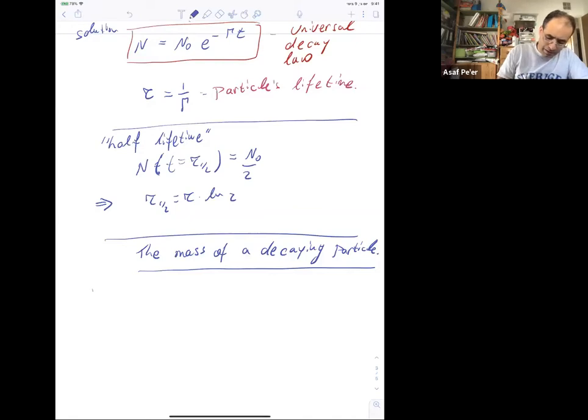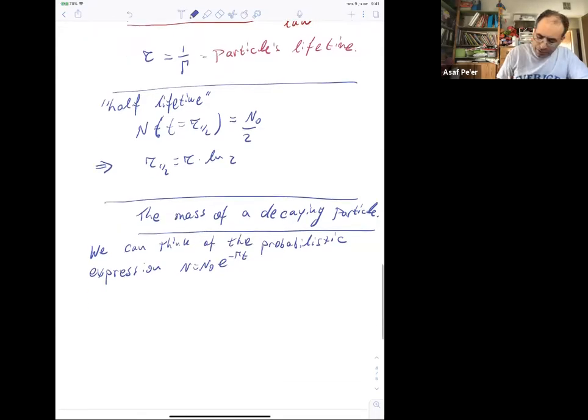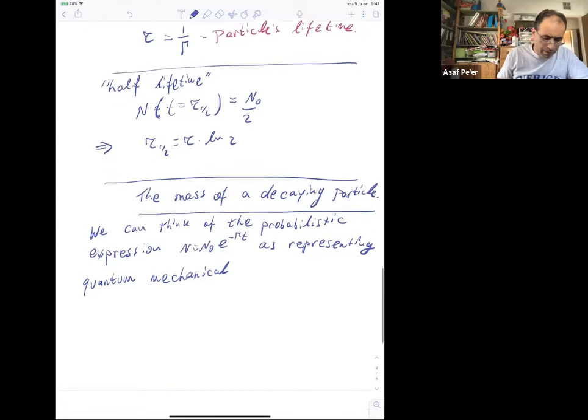So we can think of the probabilistic expression n equal n0 e to the minus gamma t as representing the quantum mechanical behavior of the particle.